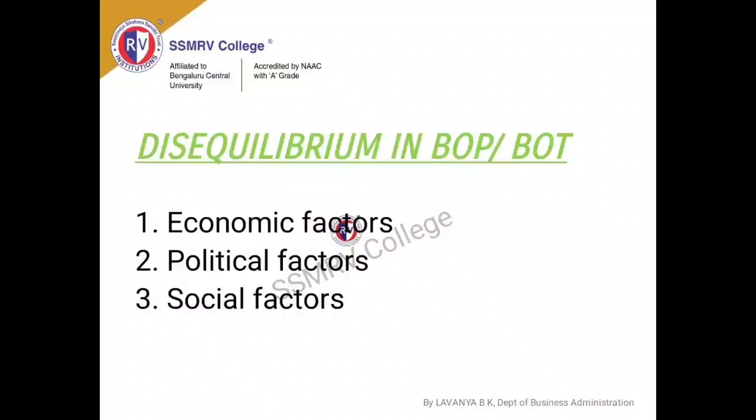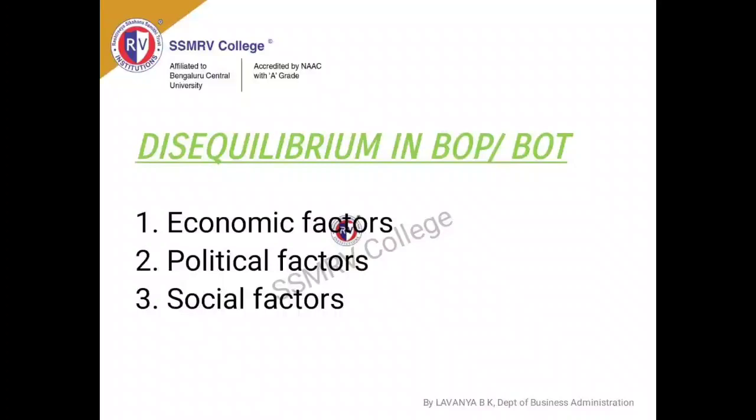There are three factors which can cause disequilibrium in balance of payment. The first one is economic factors, the second one is political factors, and the third one is social factors. The first one, economic factors, considers the changes that happen within the economy.